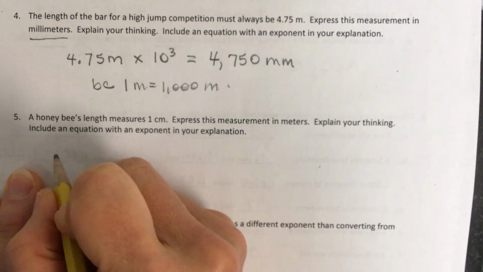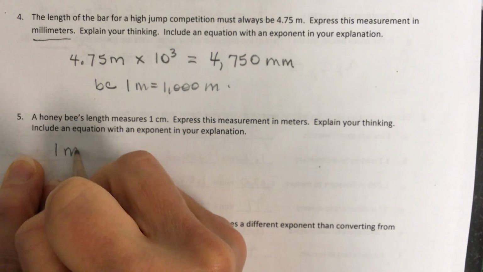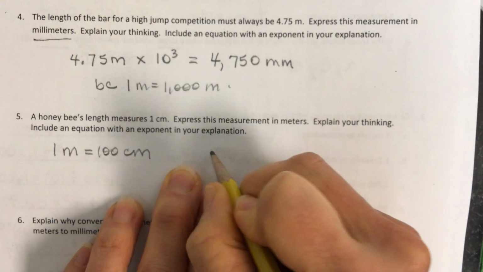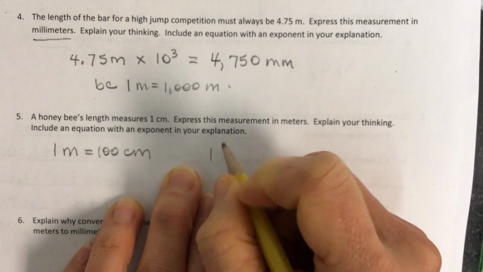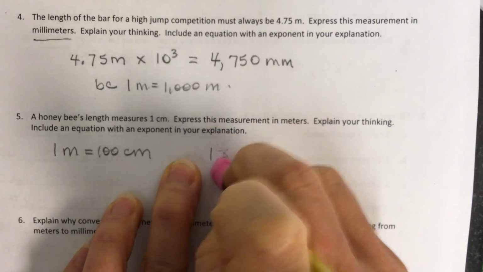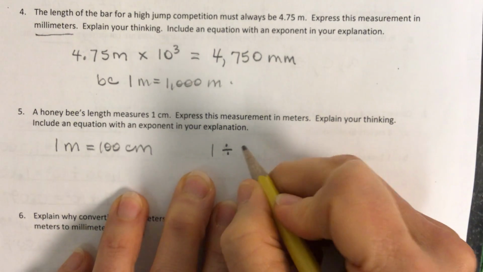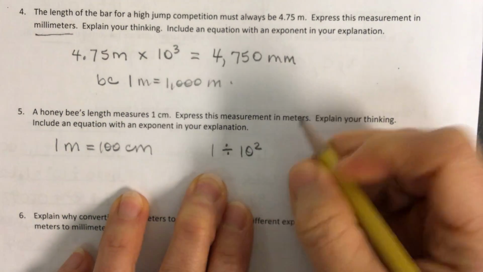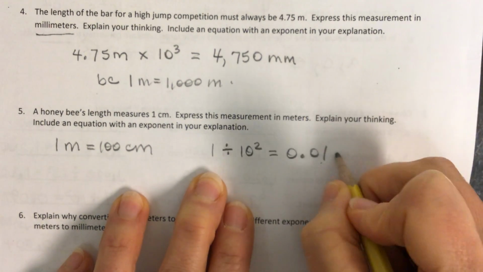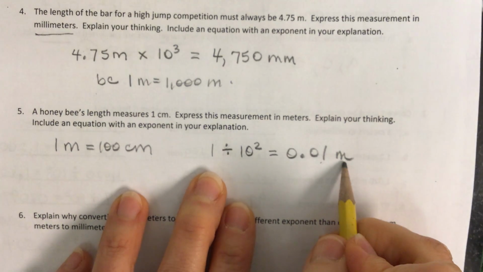So I could say, because 1 meter is 100 centimeters, I would take 1 centimeter and divide it, because you're going small to big. We would say divided by 100. So 1 divided by 100 is 100th. So the honeybee's length is 100th of a meter.